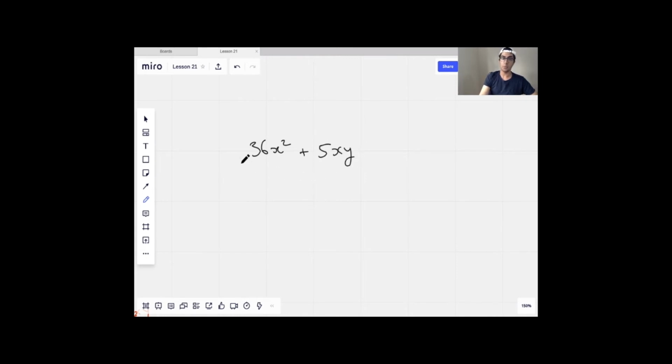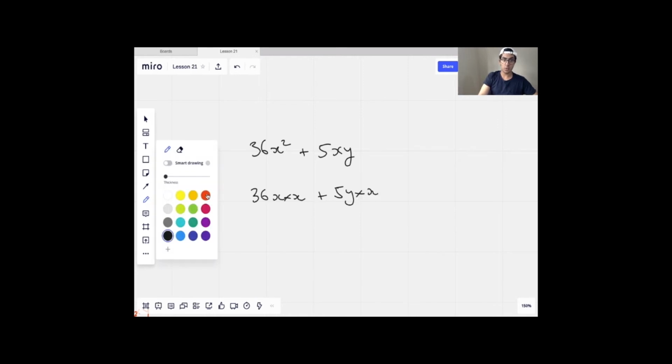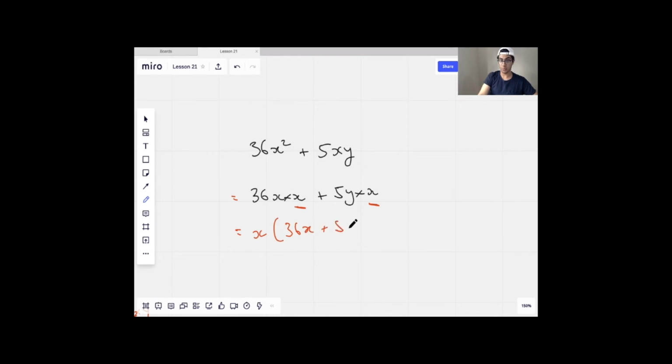Okay, so 36x squared can be written as 36x times by x plus 5y times by x. And we can see here that the x is the common factor. 36x squared can be divided by x, and so can 5xy. So we can take the x out, and we get x times (36x plus 5y).